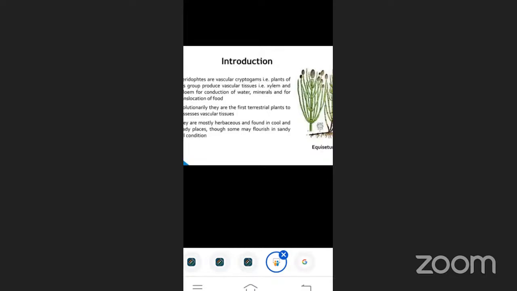So what are the general characters here? The pteridophytes are independent sporophytic plants possessing the following characters. So Pteridophyta is the sporophytic plant. In the previous class, Bryophyta is the gametophytic plant. So these are independent plants, individual plants: sporophyte in pteridophytes and gametophyte in bryophytes.